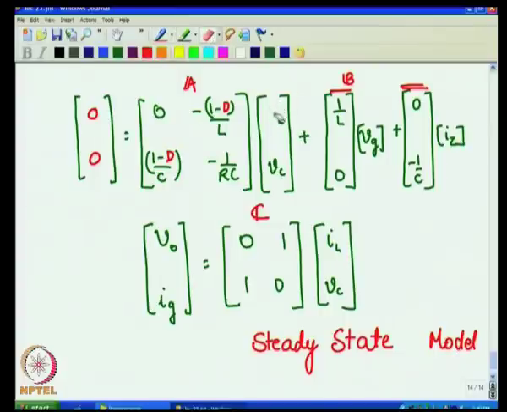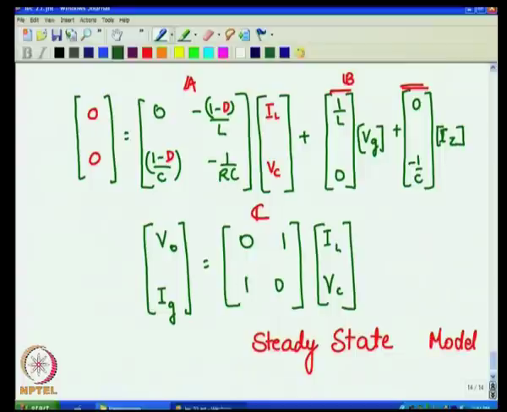and these terms become uppercase IL and VC, VG, IZ, V0 and IG are the steady state outputs that we want to get out from the state variables.